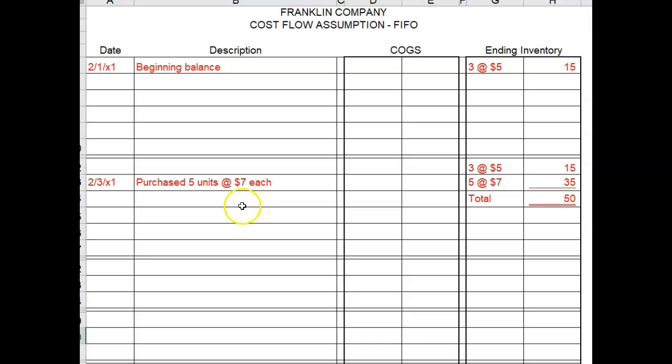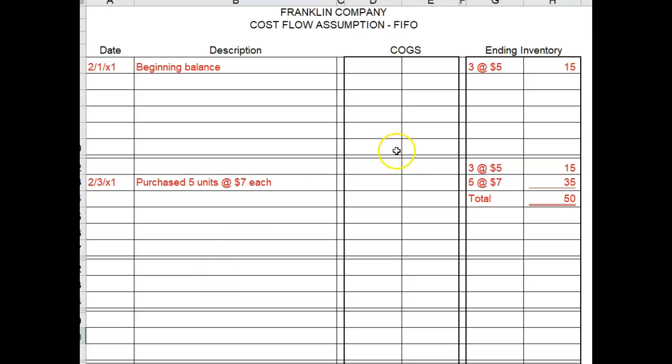We are making an assumption that the cost of the oldest units attaches itself to the items that were sold. So I sold 4 units here, and we're going to apply the oldest costs first.